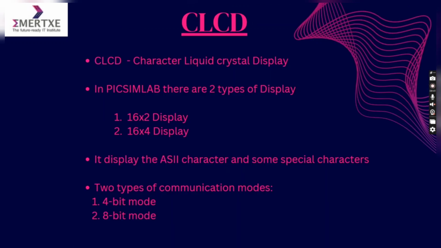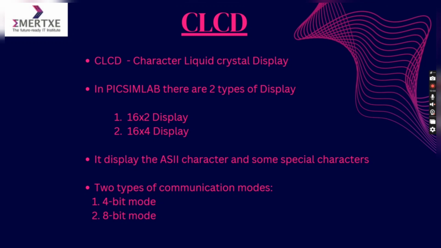Now, moving to the next slide, CLCD. CLCD stands for Character Liquid Crystal Display, which is a type of display that can show text and some special characters. It is composed of a matrix of liquid crystal cells that can be turned on or off by applying electric voltage.